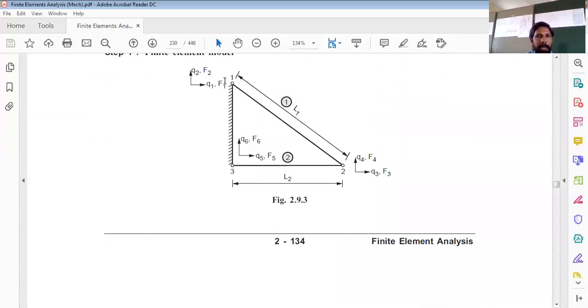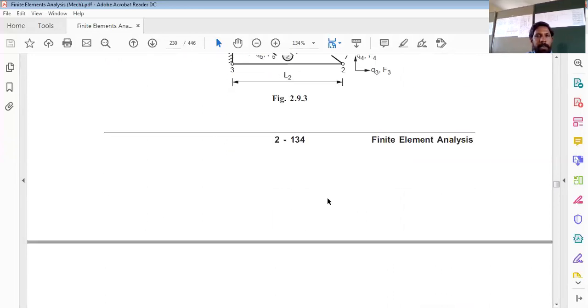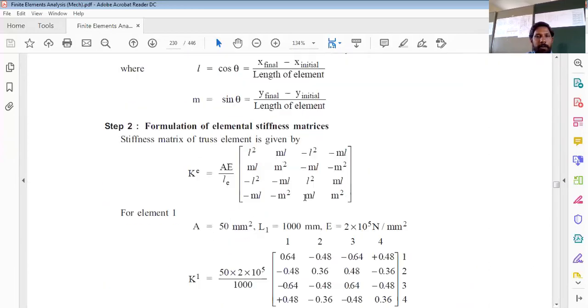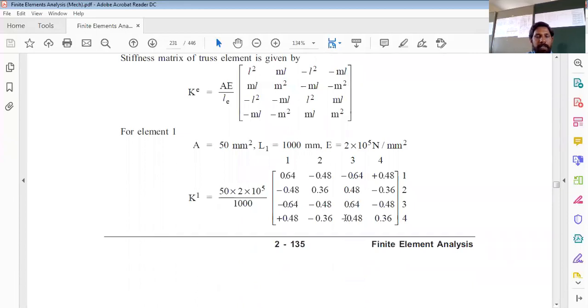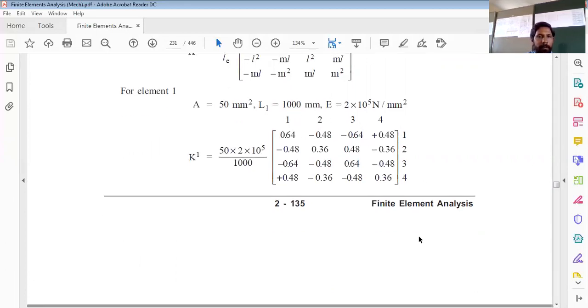Element 1 is connected between node 1 and 2, and their degrees of freedom are Q1, Q2 and Q3, Q4. So there are 4 degrees of freedom for this particular element. For this reason, we have to write on the top of this matrix 1, 2, 3, 4, corresponding to degree 1, 2, 3, 4. Similarly, here also it is 1, 2, 3, 4.